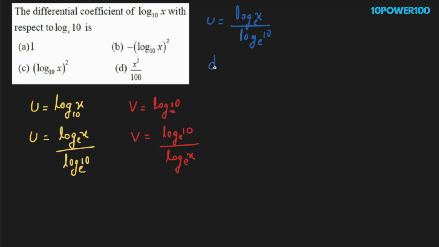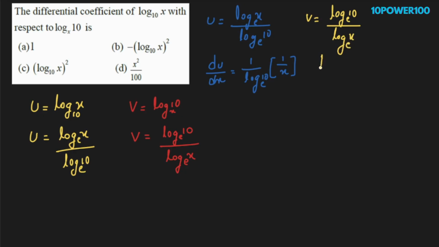Now if you find du by dx, here log 10 is constant, so I'll write 1 by log 10 as it is, the base e, and the derivative of log x is 1 by x. Okay, so this is ready. Now we'll take the other one, that is v is equal to log 10 the base e divided by log x the base e.